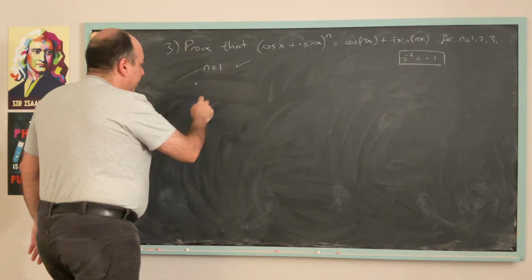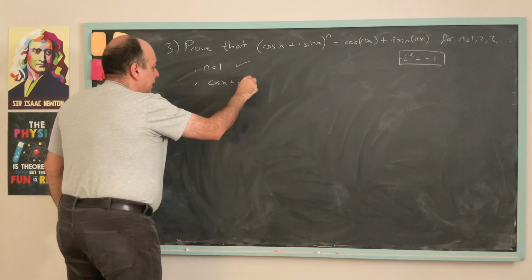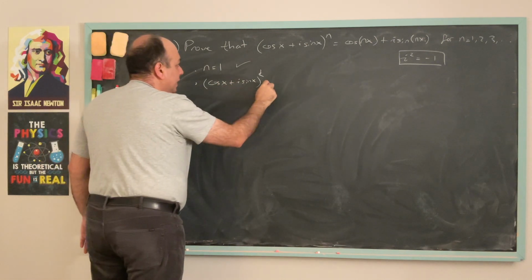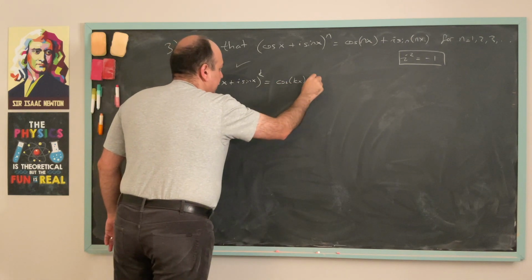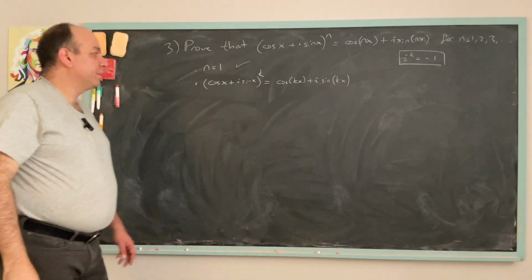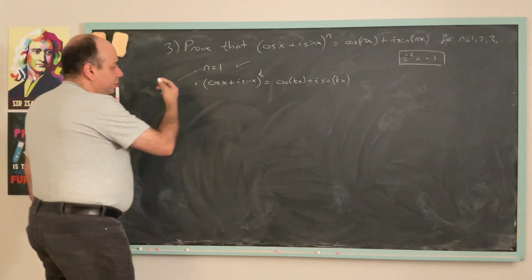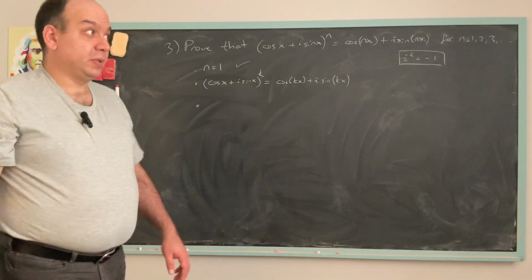Our assumption now, we are going to say cosine x plus I sine x to the power k is going to be equal to cosine kx plus I sine kx for some k. Okay? So we assume that this holds true. So we're going to check n is equal to k plus 1 term.